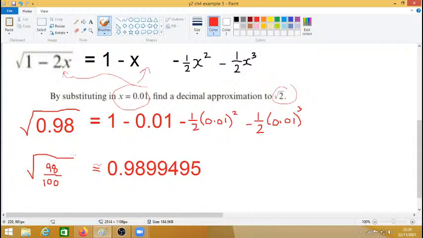The other way is you think, well, hold on, 98, are there any square numbers that go into 98, particularly when I'm timesing by 2? And the answer is 98 can be rewritten as 49 times 2.